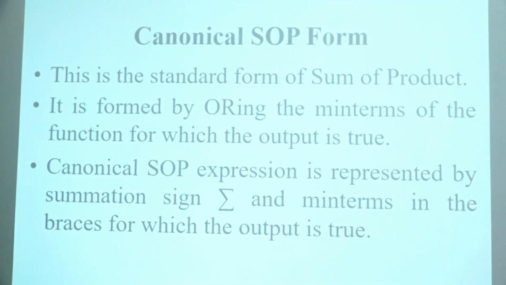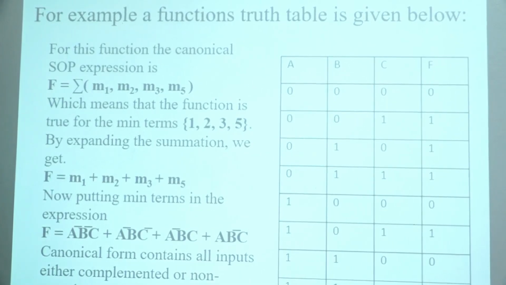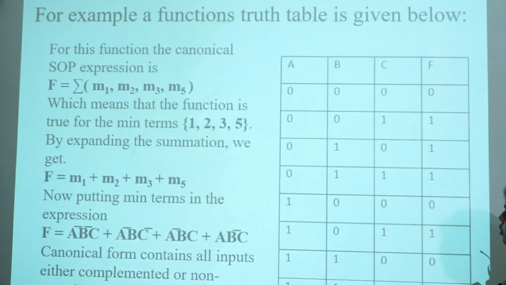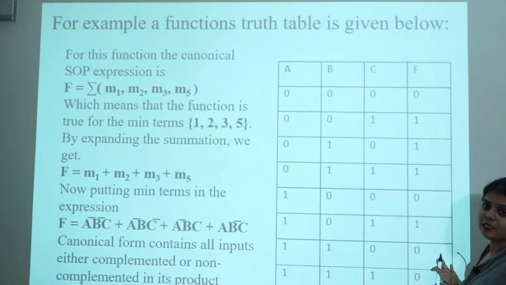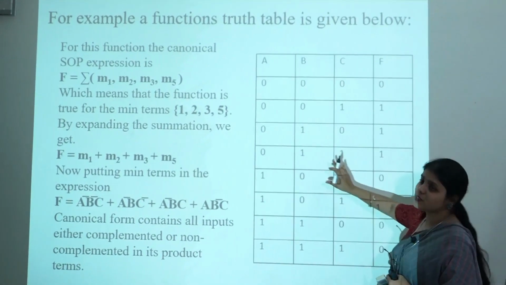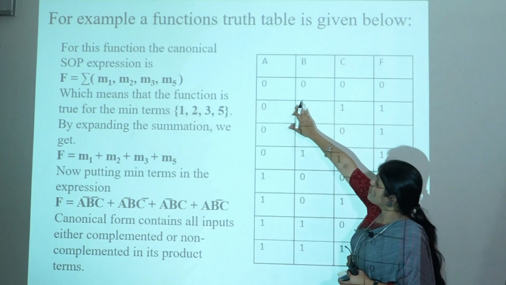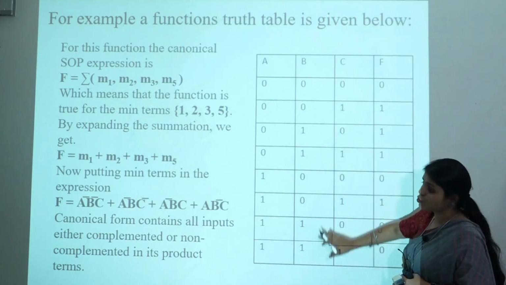Next. Now, when you look into this particular truth table, this is an example given for you to understand what is a canonical SOP form. When you observe this truth table, how many inputs do we see here, guys? We have A, B, C, for which the combinations are from 0, 0, 0 to 1, 1, 1.